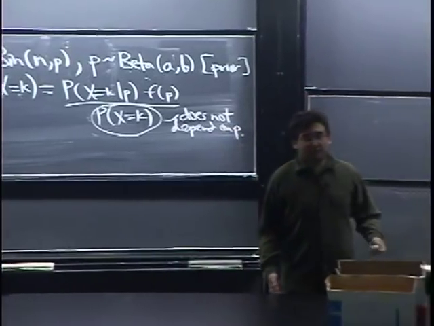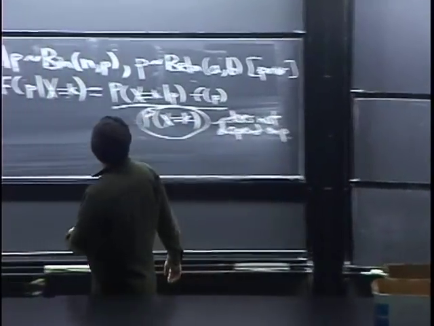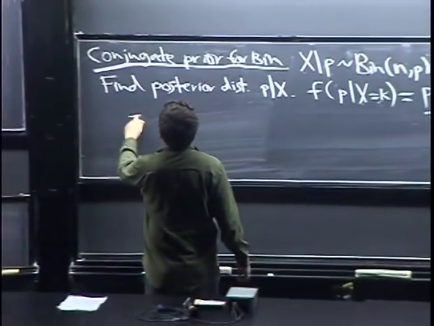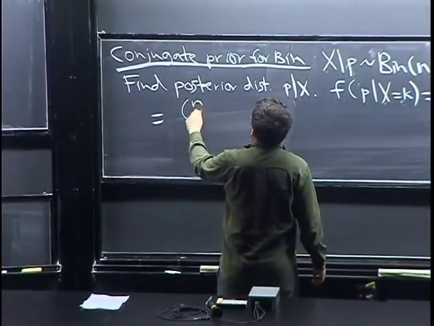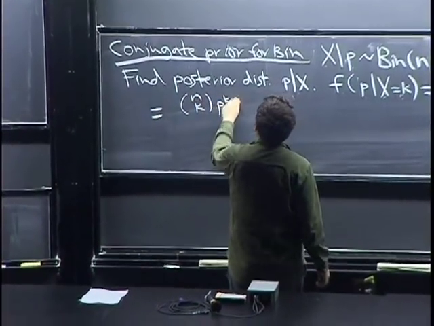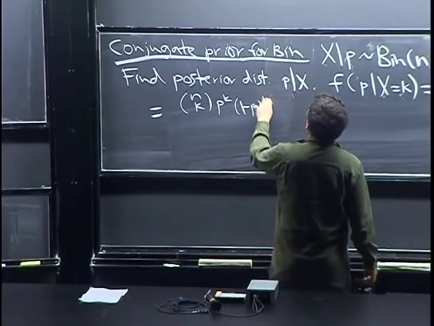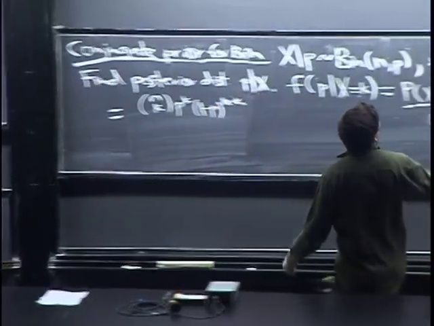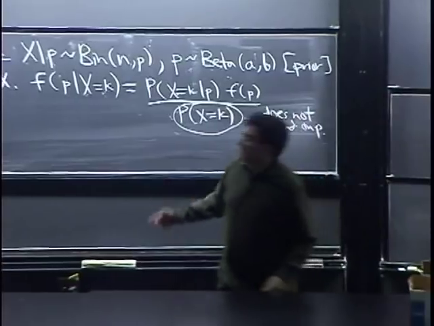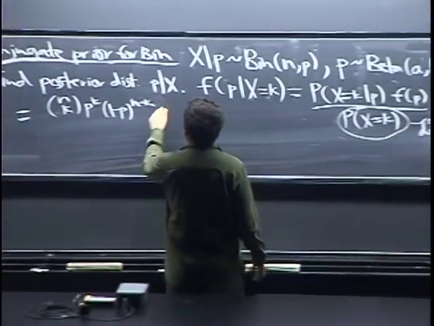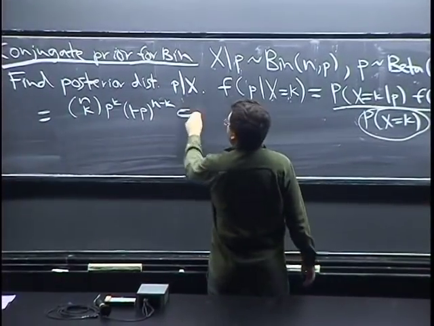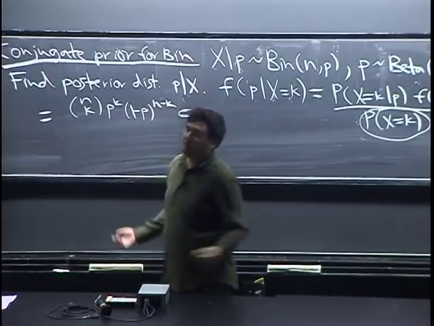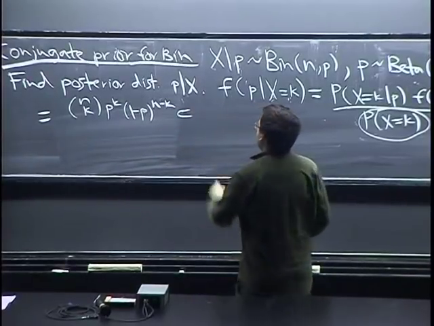All right, now let's just see what we have here. The probability of X equals k given P, that's easy. That's just n choose k, P to the k, (1 minus P) to the n minus k. Now, f of P, that's just the beta density. So that's a constant, whatever that constant C is over there. We don't know what C is, but it won't matter.